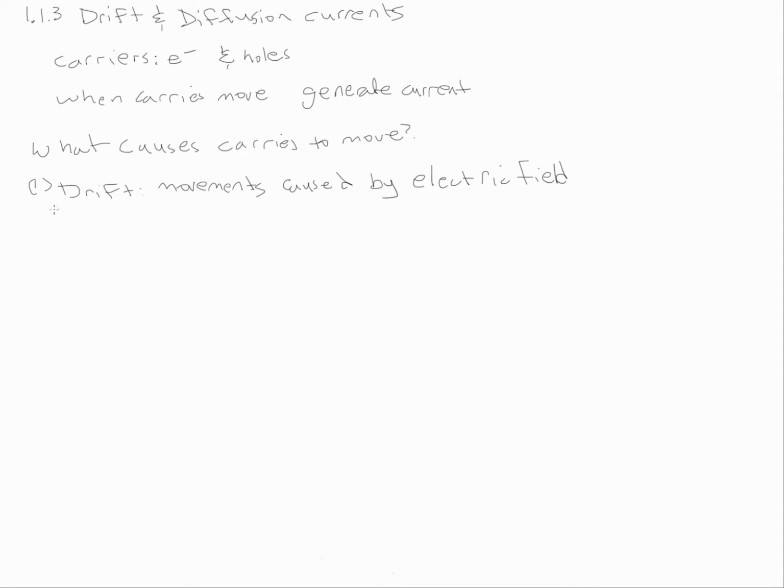And then the other thing that causes carriers to move is diffusion. And diffusion is a movement caused by variations in concentration.